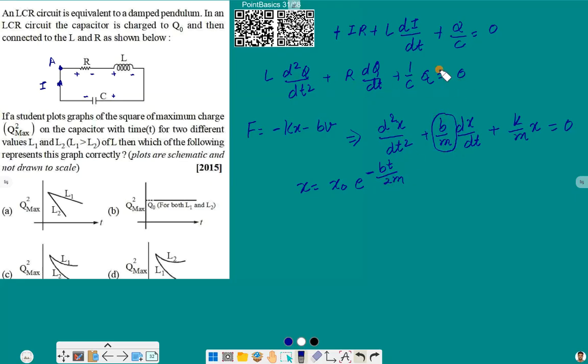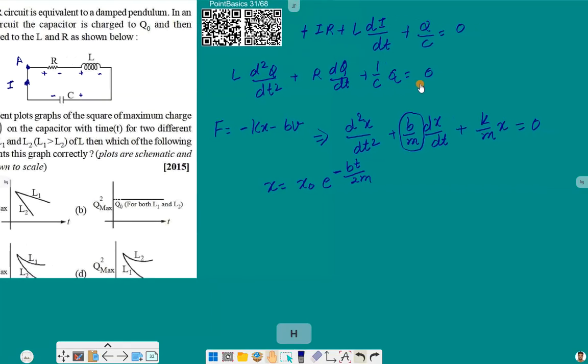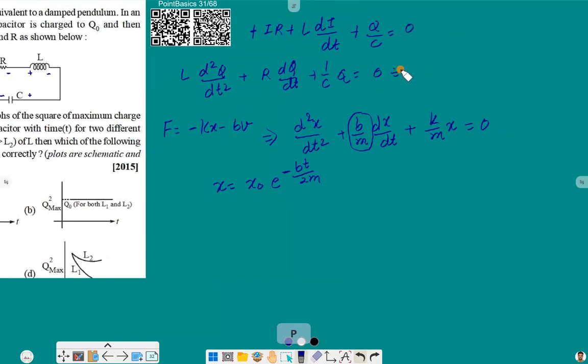Similarly, we can write this equation as d square q by dt square plus R by L dq by dt plus 1 by LC q is equal to 0.